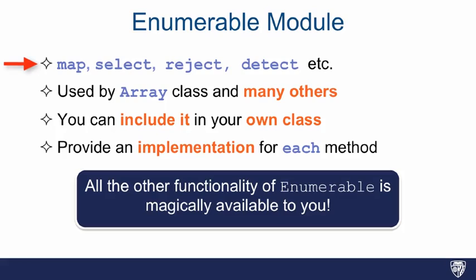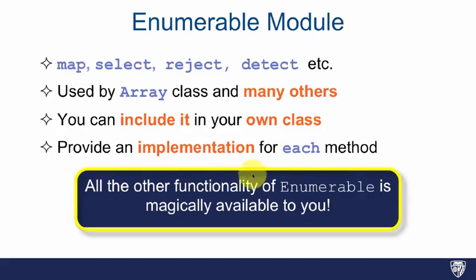The array class includes the Enumerable module, and that's what gives it all that functionality. And you can include this in your own class, and all you have to do in this case for the Enumerable module is to provide an implementation for one method, which is the each method. And once you do that, all the other functionality like map, select, and other methods become available to you.